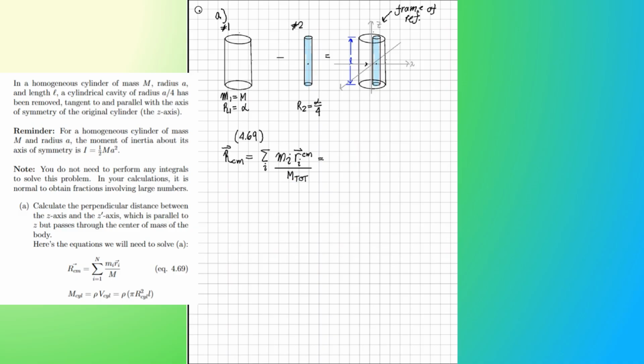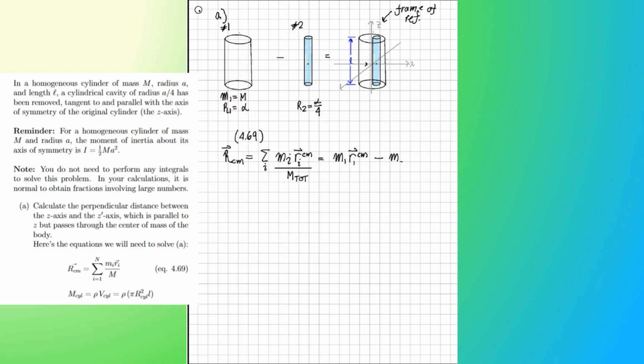So in our case, it's m1 multiplied by the vector position of the center of mass of our initial cylinder, minus, here it's minus, right? Because we are removing a portion of the initial cylinder.